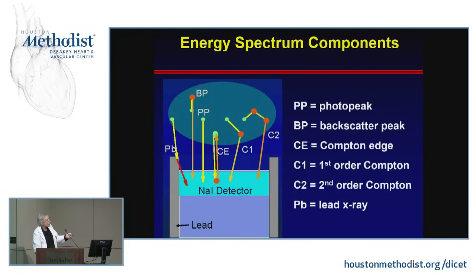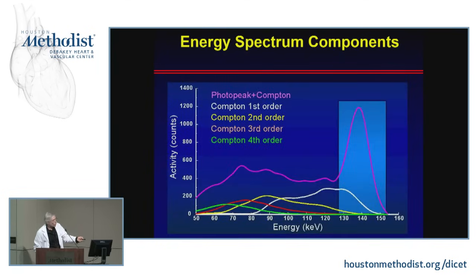So there's all kinds of different scatters that can happen in terms of, look at, this is Compton scattering, this is one event, this is two events. So there are multiple different scatters that can happen within the patient. And that's why we have to make sure that we don't want first order, second order, third order, fourth order Compton scattered events.